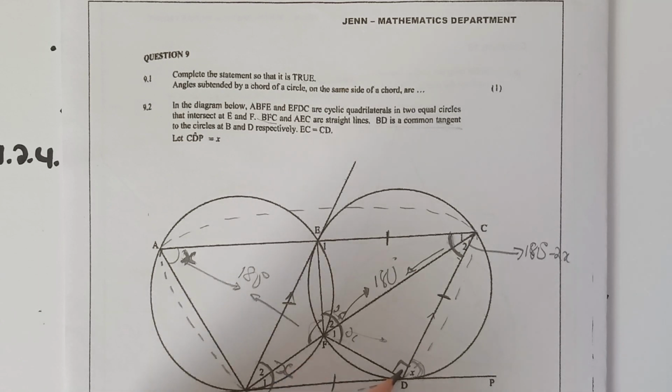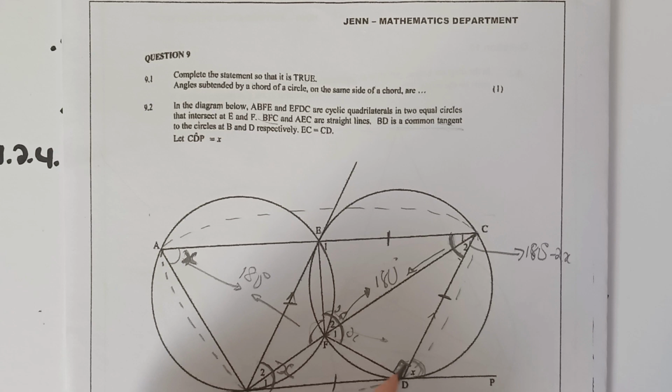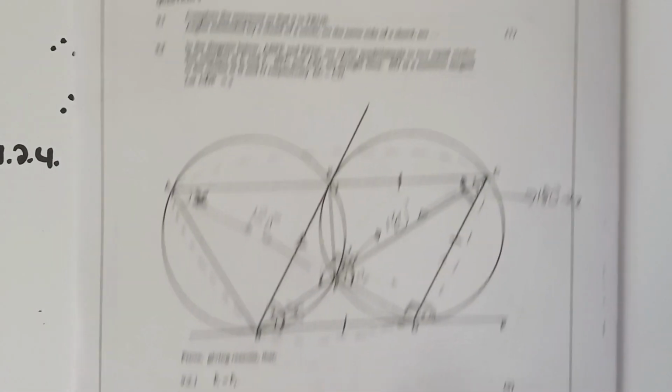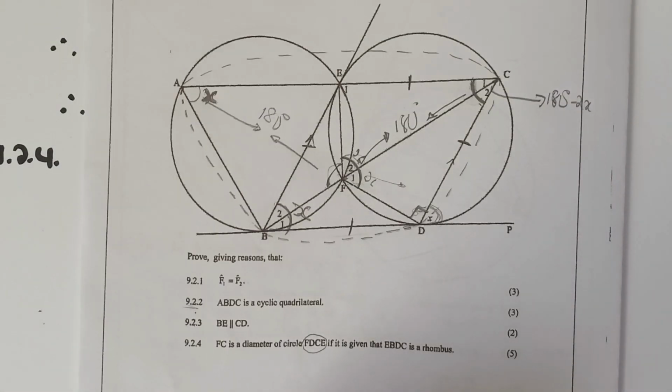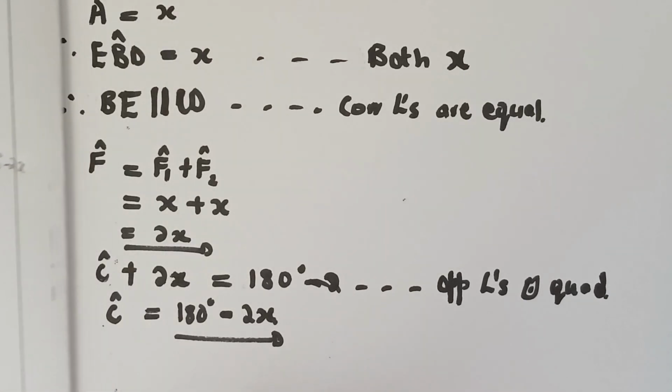Why am I writing 90 degrees here? Oh, my mind is just too fast today. Let's find angle C1 and angle C2 at the same time.